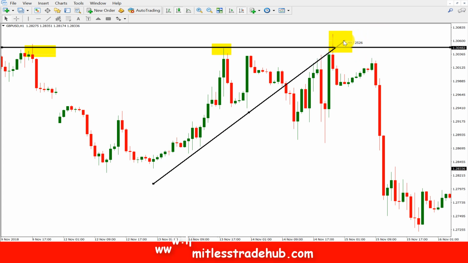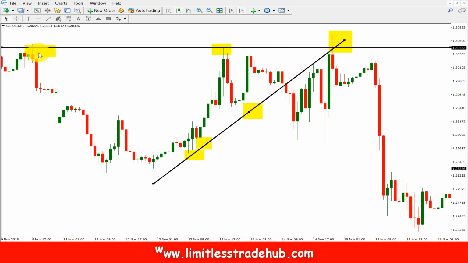Now we will try to understand how the market respects these lines. If we can understand it clearly, then we will be able to trade with this technical analysis, these lines.